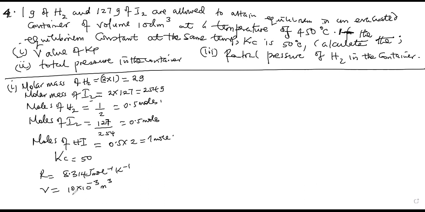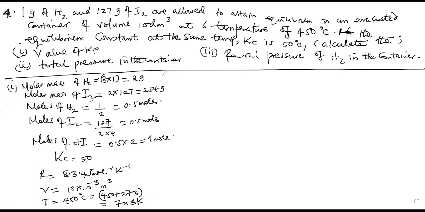Then temperature, they give us 450 degrees Celsius, and we have to convert it to kelvins. So it's going to be 450 plus 273, which is 723 kelvins. All right.